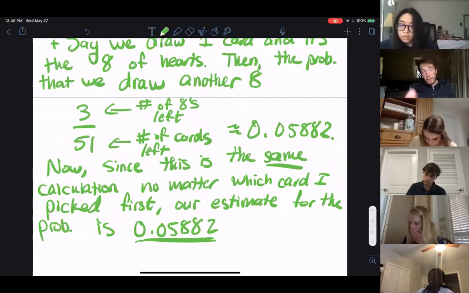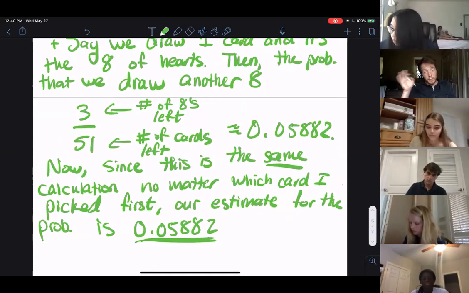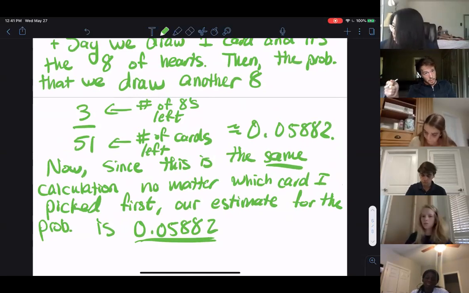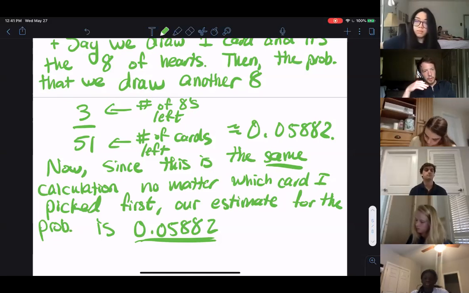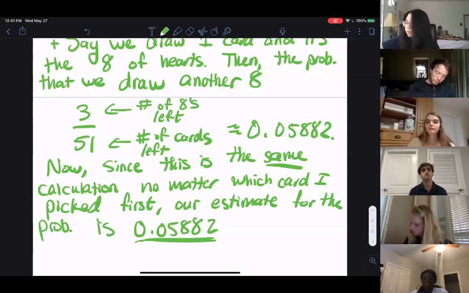It didn't actually matter if I picked the 8 of hearts or if I picked the king of spades or if I picked the 2 of diamonds. No matter which card I picked first, the proportion of the time my next pick is the same card is 3 out of 51. So if that's a bit of a leap for you, after class try to think about it a bit more and maybe come and talk to me.